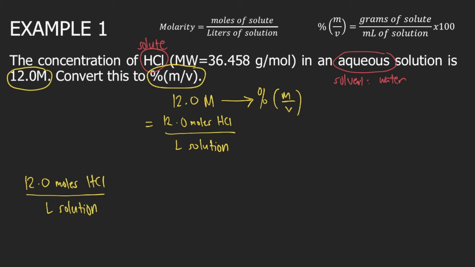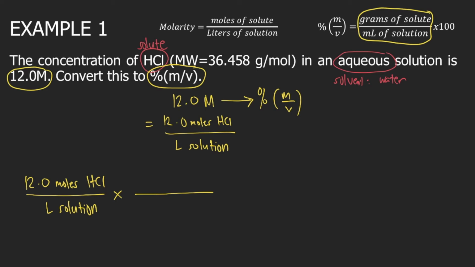Now look at the formula for percent mass per volume. It says here grams of solute per ml of solution. And what we have is moles of solute per liter of solution.